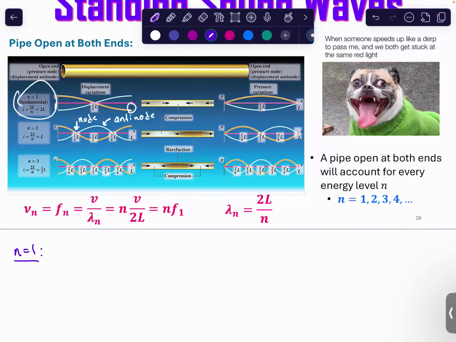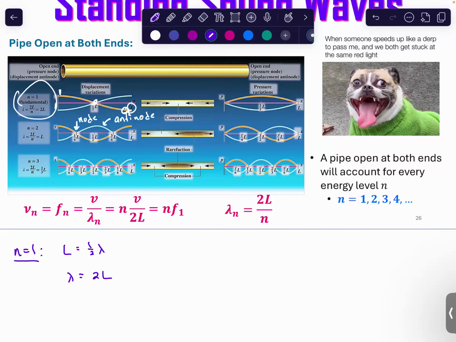So how much of the wavelength do we have all the way to L? See, if we start up here, and then the wave passes through the zero point, and we end up down here, how much of the wavelength is that? Just one half. So at L, we have 1/2 lambda, which leads to lambda is going to be 2L.